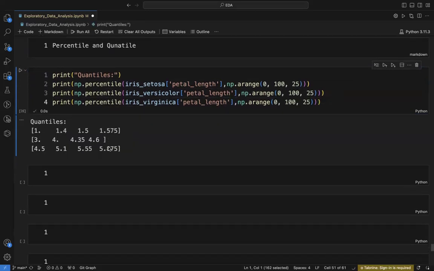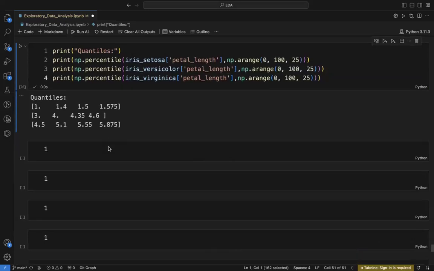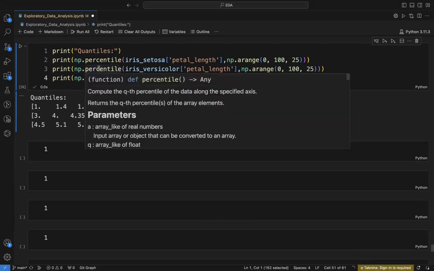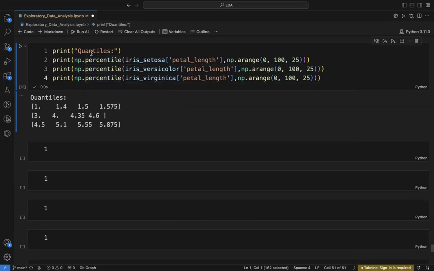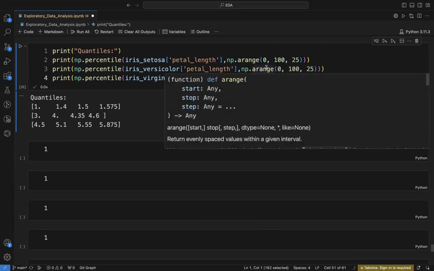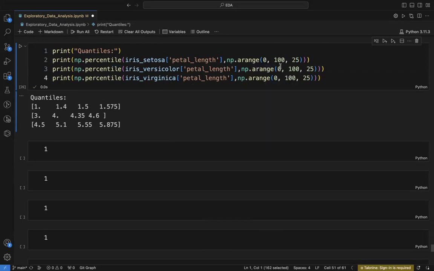So this is the value that I am getting here. Now let's understand what it means. NumPy basically has a percentile function and you can say which percentiles you want. I am saying that I want the percentiles between 0 and 100 with a gap of 25.